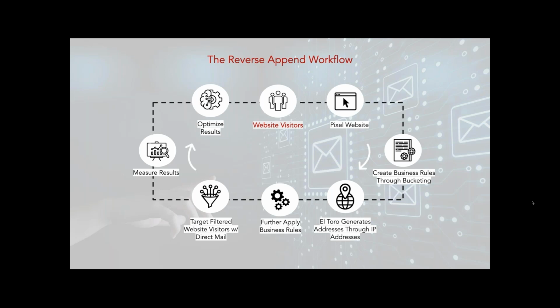So El Toro generates the addresses through the IP addresses, and that gives us the household addresses. Once we send those to you as the print house or your direct mailer, whether you're the end client or the direct mailer, you can then apply those further business rules, whether it be demographics, CAT certification, name append are two things that we truly recommend.